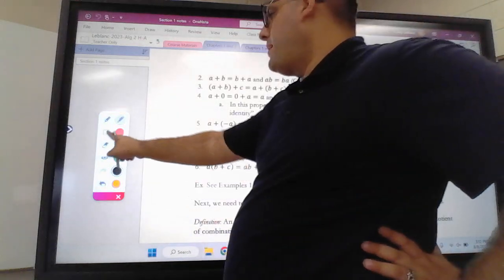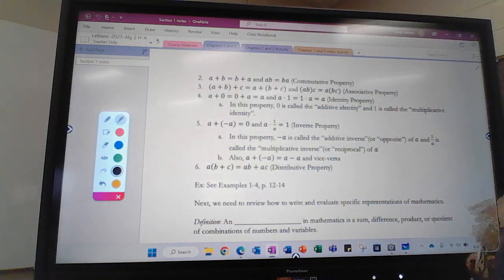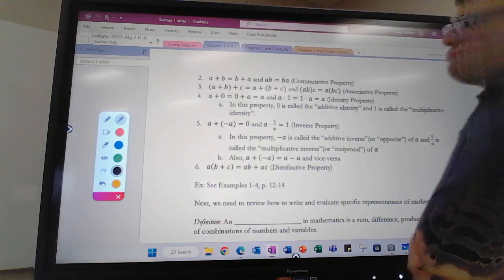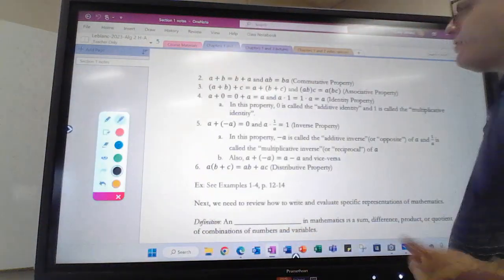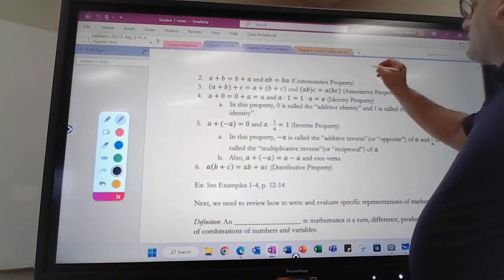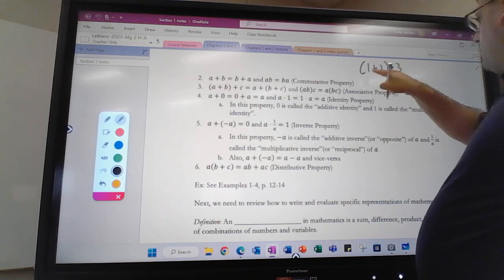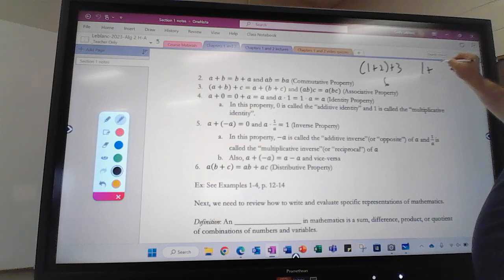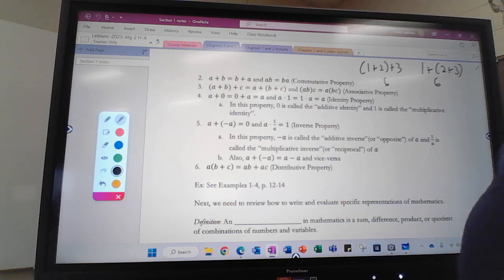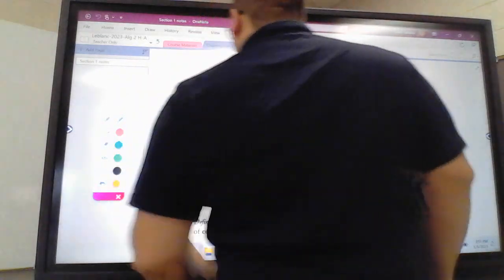There's also an associative property, meaning that it really doesn't matter what order I add or multiply with. For example, 1 plus 2 plus 3: 1 plus 2 is 3, 3 plus 3 is 6, is the same as this, 1 plus 2 plus 3: 2 plus 3 is 5, plus 1 is also 6. So again, that's the same thing.